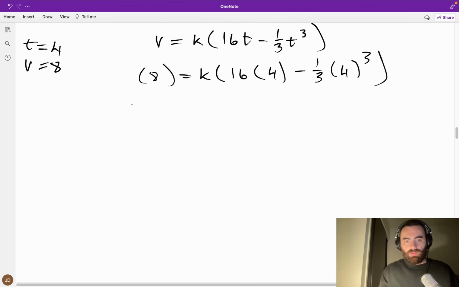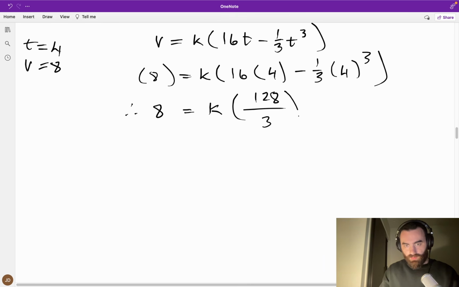So 8 equals k times 16 times 4 minus 4 cubed divided by 3, which equals k times 128 over 3. If we rearrange for k, do 8 divided by that. This gives us k equals 3 over 16.